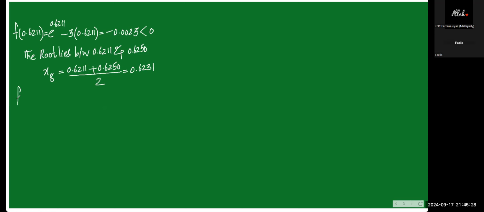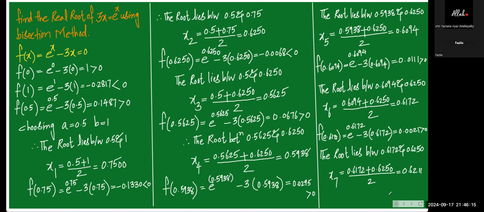Again I will put it in the function. This is equal to e power 0.6231 minus 3 times 0.6231, and then the answer is minus 0.0046. It is less than 0, so the second one is being replaced.